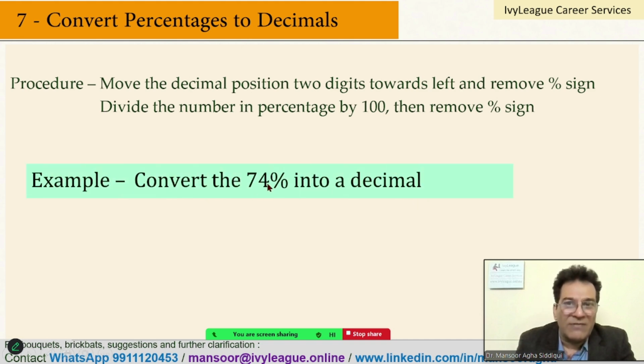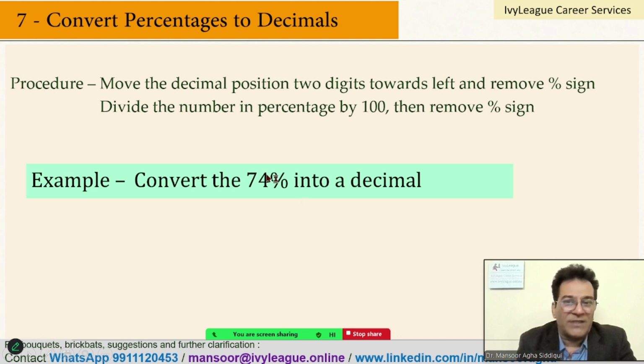So if you have to convert 74% into a decimal, then you have to move the decimal position 2 digits towards the left. 74% means the decimal is present after 4. So what I will do is move it towards the left. This is 1 digit towards left, this is second digit towards left. And now the decimal will be before 7.